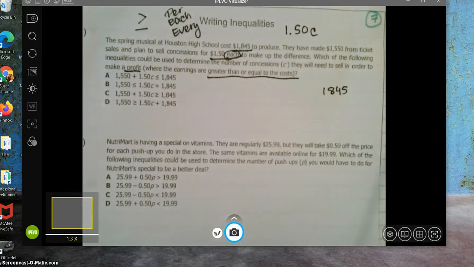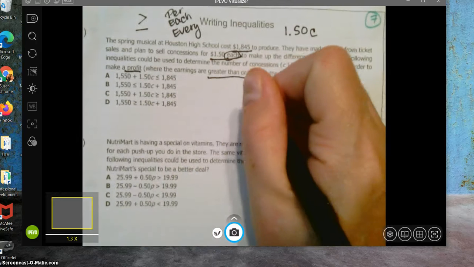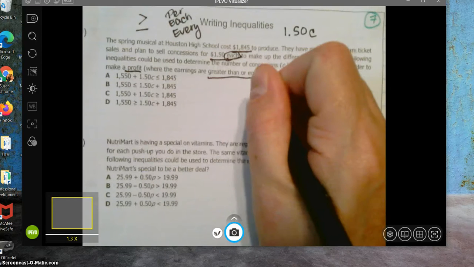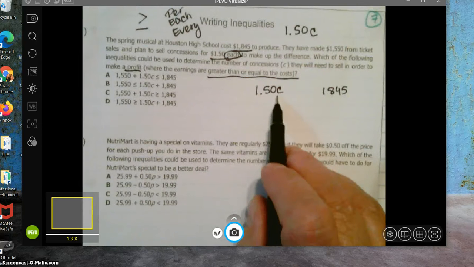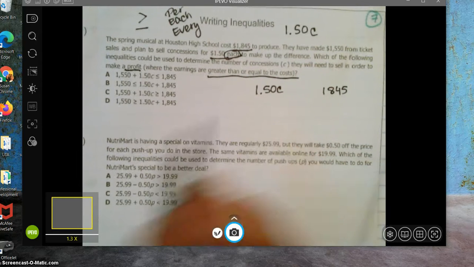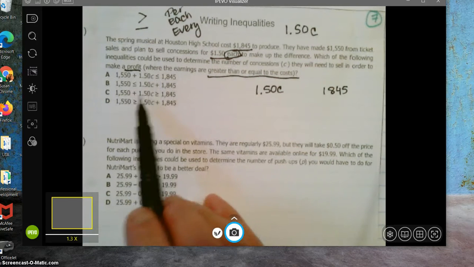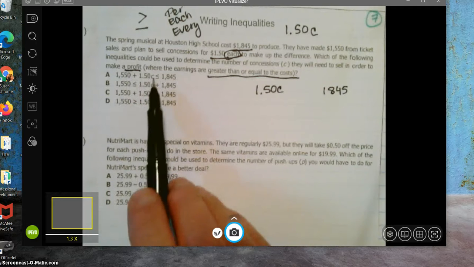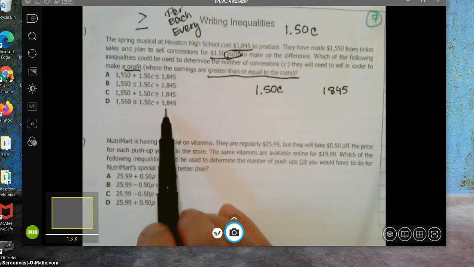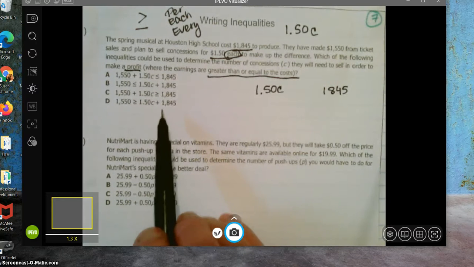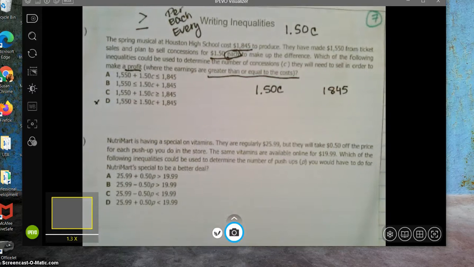So if you think about it, this is how much it's going to cost to make it. I'm going to get $1.50 for every item that I sell. And we're calling those items concessions, right? So when I look at this, I'm still not anywhere closer to my answer because I don't see a C here. I see a C next to $1.50. But I would say this one is not going to be right.